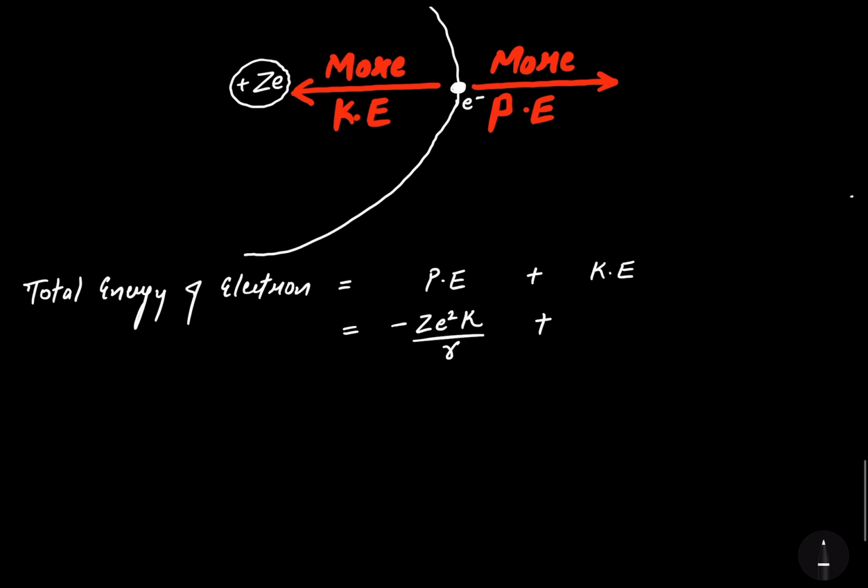Let's put it over here. This evaluation comes out to be minus z e square k divided by 2r. So this thing comes out to be total energy of the electron. So now you can easily see that again total energy is directly proportional to the radius of the orbit and inversely proportional to the atomic number.